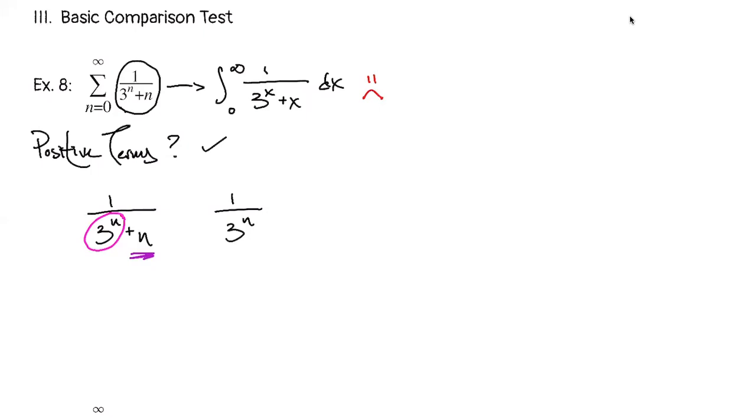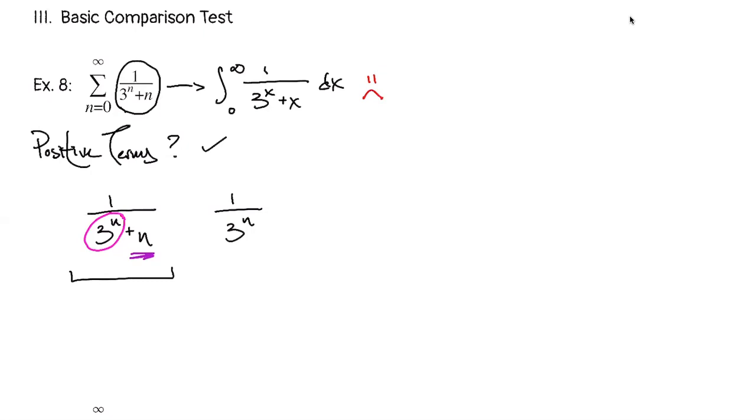What kind of relationship can we say between our given series and our 1 over 3 to the n? Is one bigger than the other all the time? Is one smaller all the time? Does it flip-flop? One will be larger or smaller than the other. Which one is going to be the smaller one? The one on the left, the one we started with. And why is that going to be smaller?